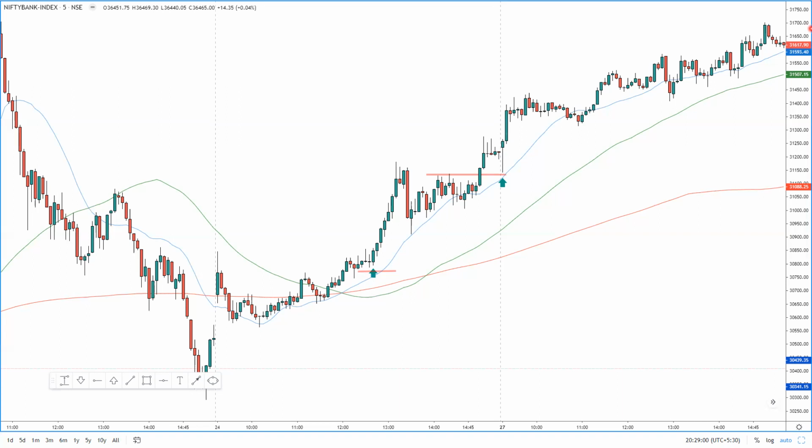So let's analyze the chart and let's see how to read it. There are a few points before that.